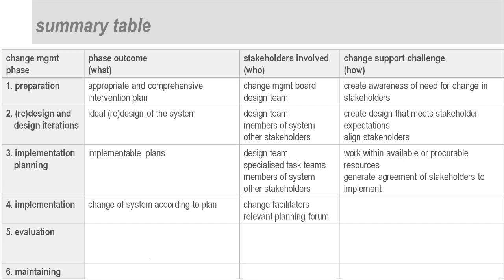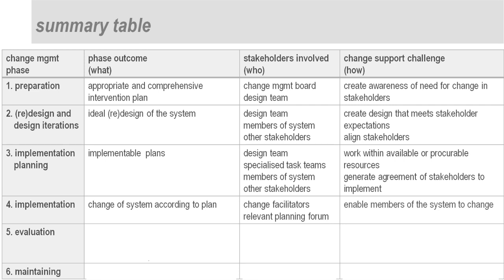The challenge of this phase is to actually enable the members of the planning forums to change so that they have enough knowledge and also are motivated and have the necessary resources to do the change.